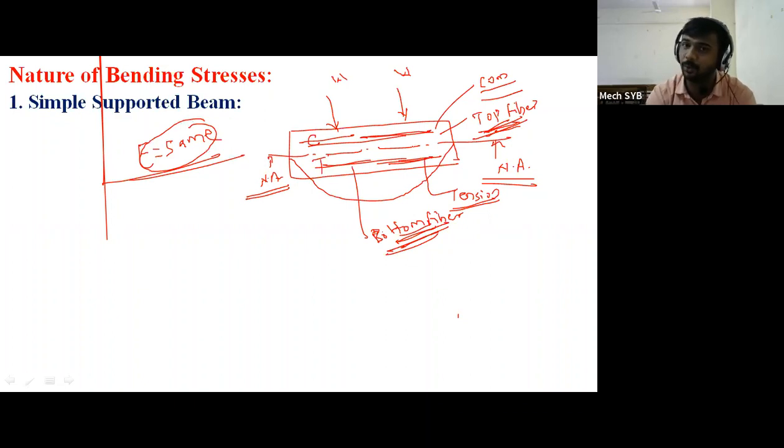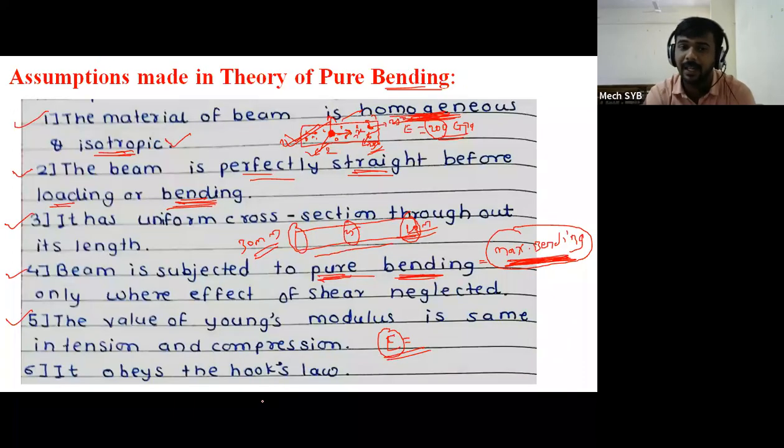If beam is subjected to the bending, means if beam is under compression, beam is under tension, then also there should not be any change in their Young's modulus property. Therefore, the assumption is made like that. The value of Young's modulus is same in tension and compression. त्या टेन्शनचा आणि त्या कॉम्प्रेशनचा आणि त्या Young's modulus काहीही संबंध नाही.